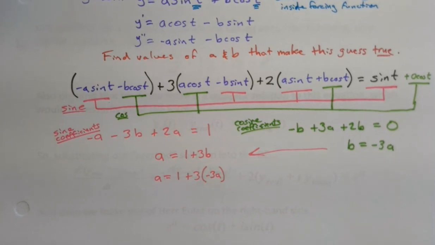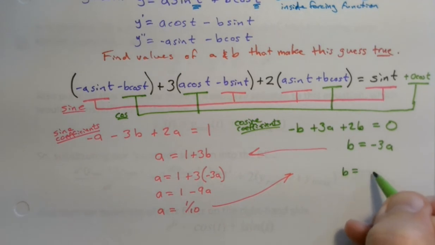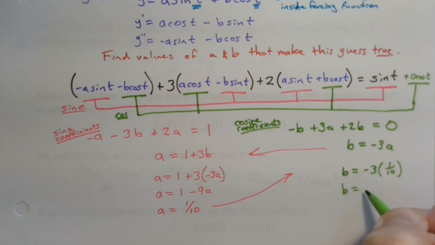And so playing around with this, I find out that a equals 1 minus 9a. Move the 9a to the other side, add 9a, and I wind up with a is equal to 1/10. And if I know a is equal to 1/10, I can bring that back over here and find out that b is equal to negative 3 times 1/10, or b is equal to negative 3 tenths.